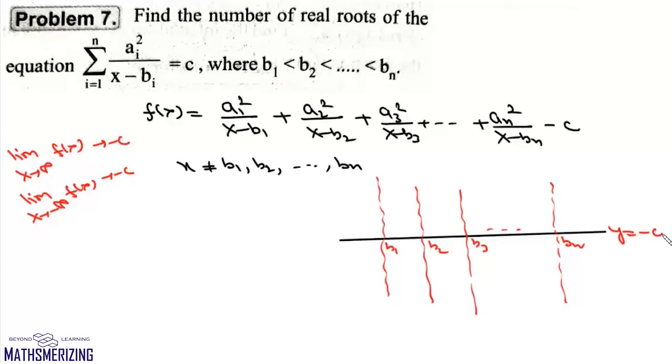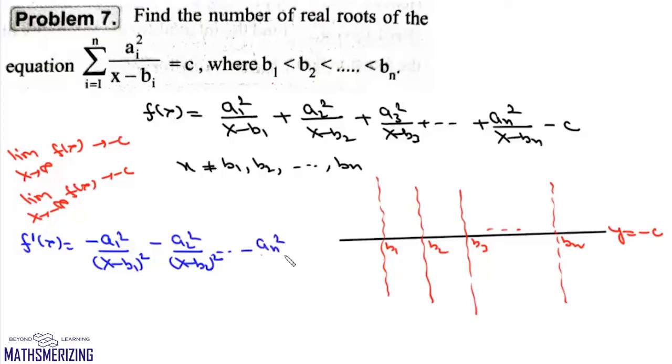Now if we differentiate this function, we can find f dash x as minus a1 square upon x minus b1 square minus a2 square upon x minus b2 square and minus an square upon x minus bn square, which is always less than 0.